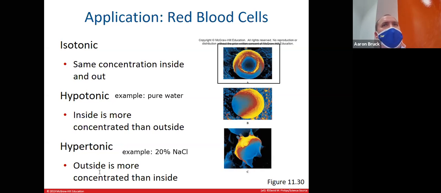And so what happens is that the water starts to escape your cells and go to the outside. And as a result, those red blood cells shrivel up and kind of collapse on themselves.